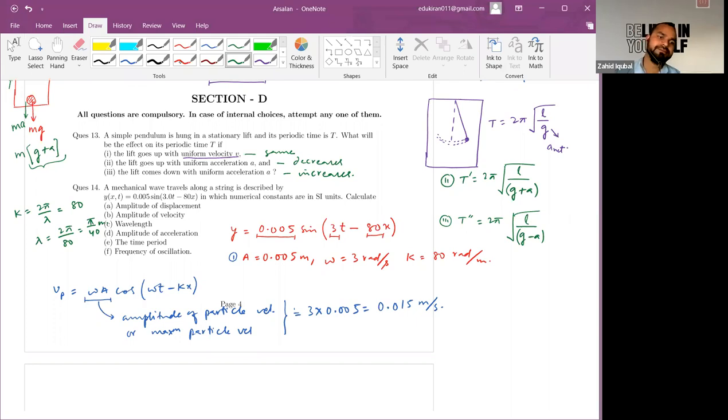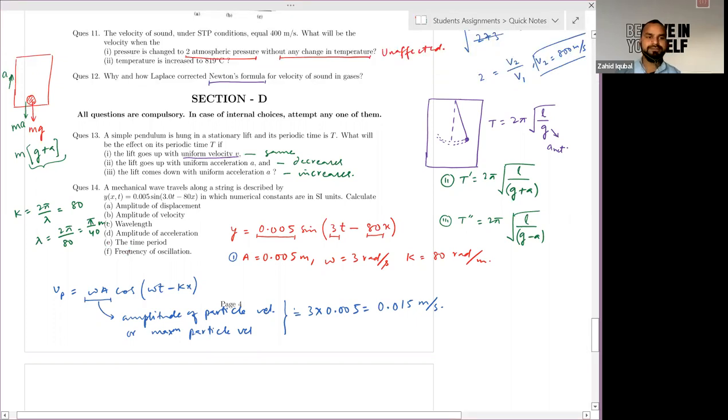Next part is time period, amplitude of acceleration. If you again differentiate this particle velocity, you will get particle acceleration as minus of omega square a sine omega t minus of kx.